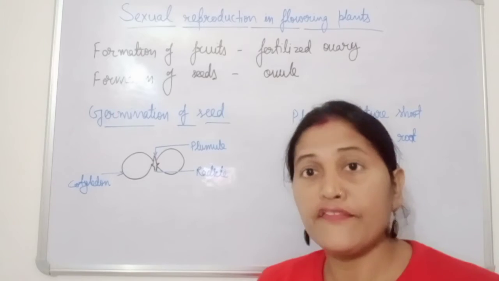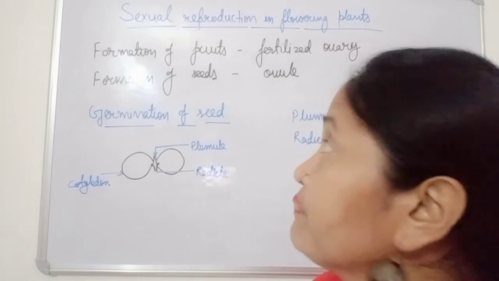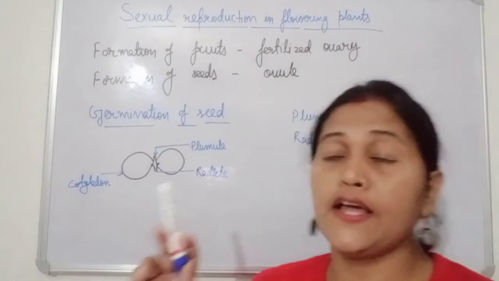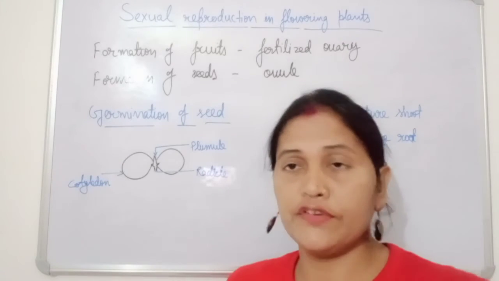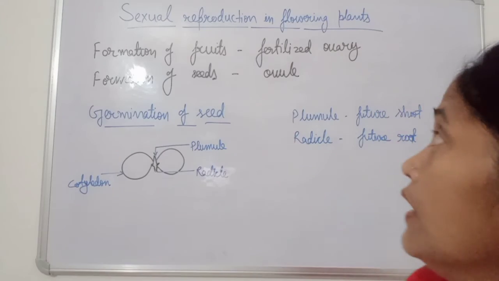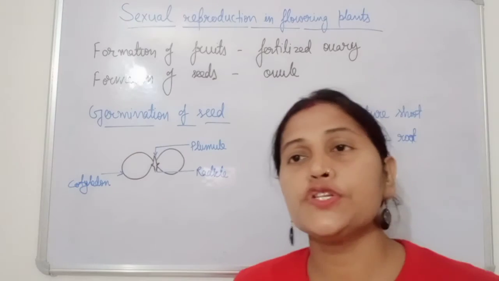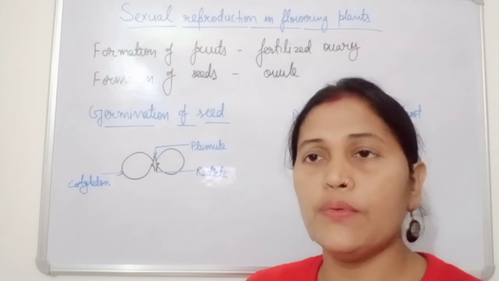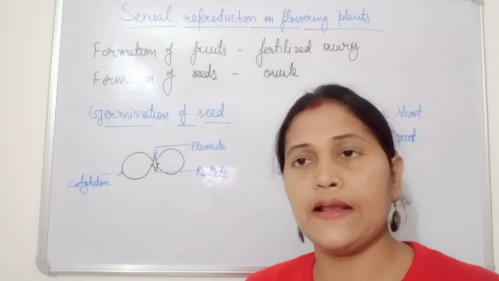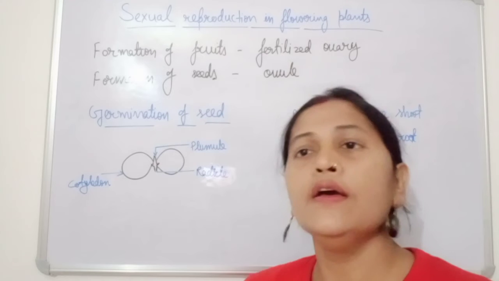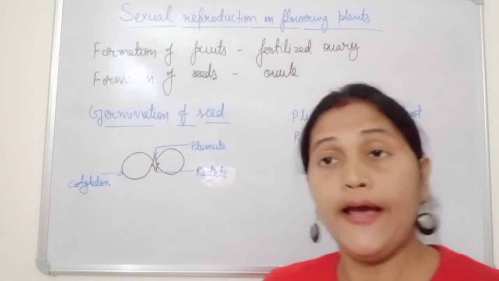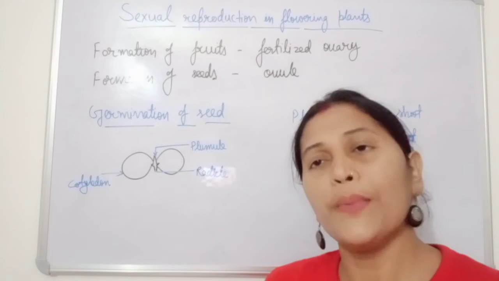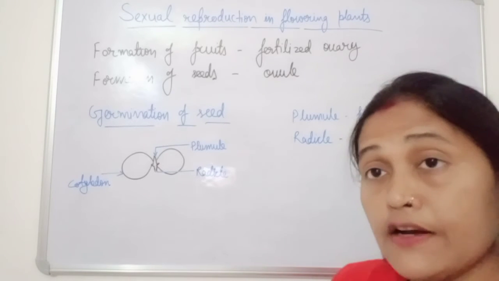What happens after fertilization? These are some of the events. The zygote, formed from the fusion of the first male gamete with the egg, undergoes repeated division to form the embryo inside the ovule.